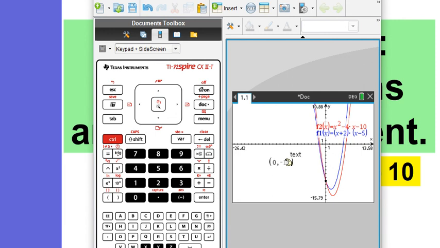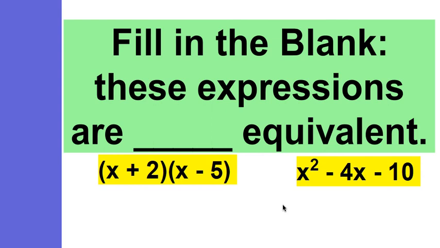So right there at (0, negative 10), when x equals 0, those two functions are the same. That's the only time they're the same. So therefore, these expressions are equivalent when x equals 0.